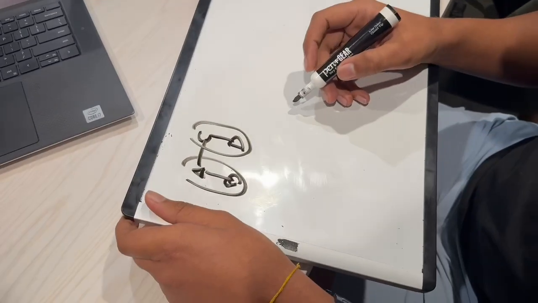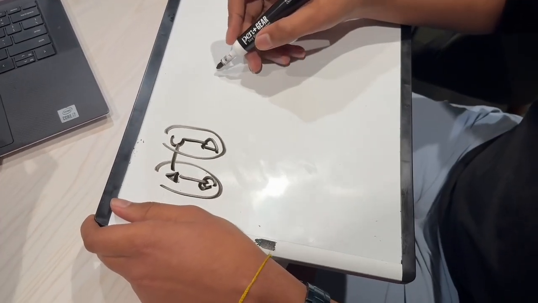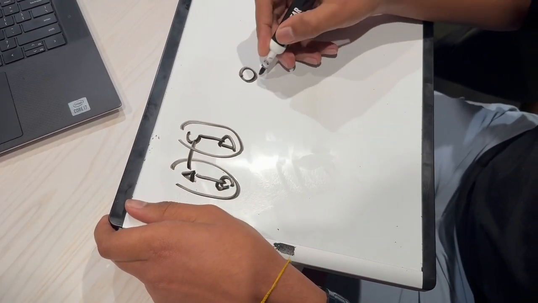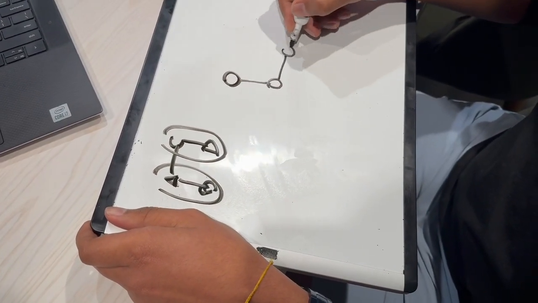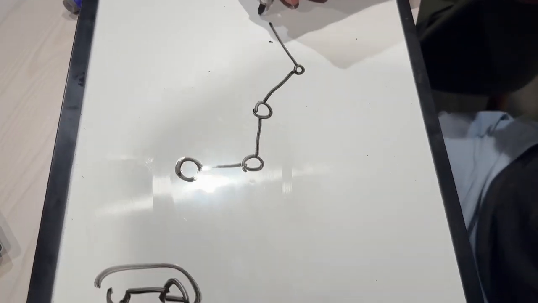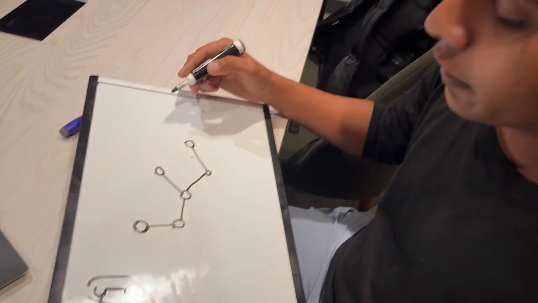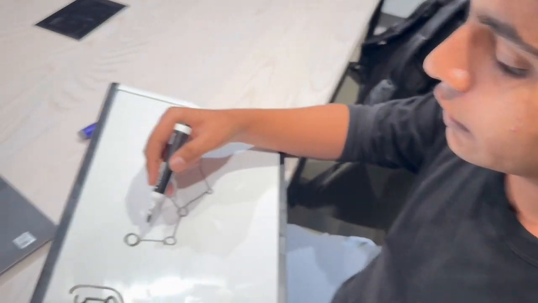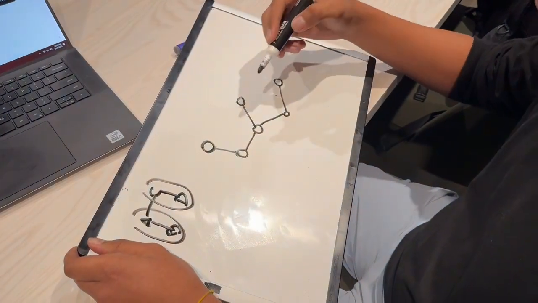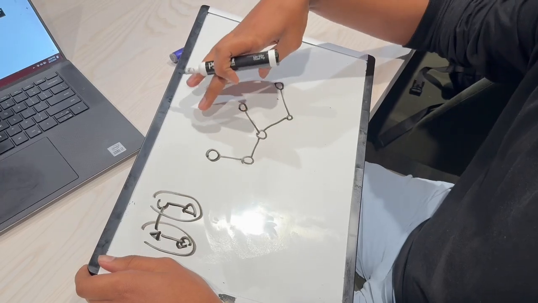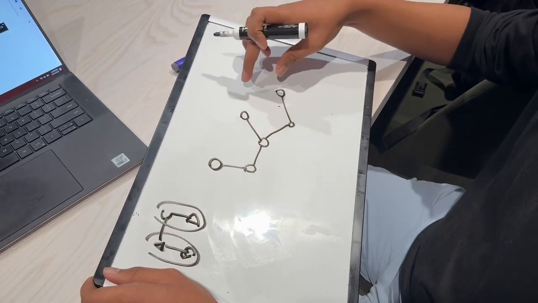So now let's look at what an augmenting path is. So let's say we have a graph that goes like that. An augmenting path is a path that has alternating matched and unmatched edges, and both of the ends of that augmenting path have to be free nodes.